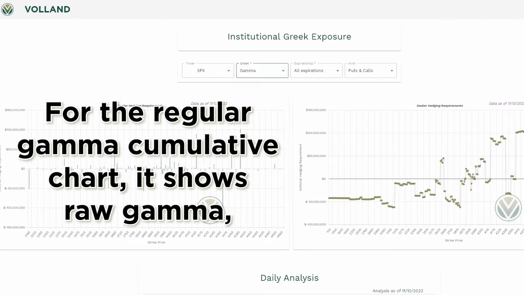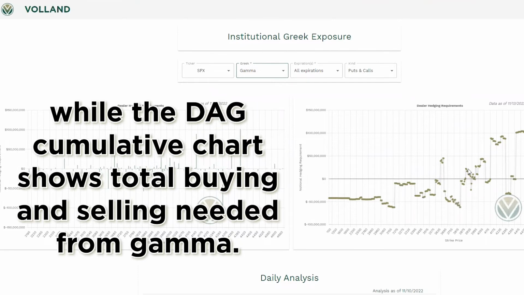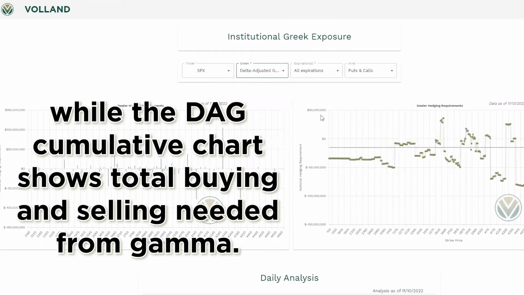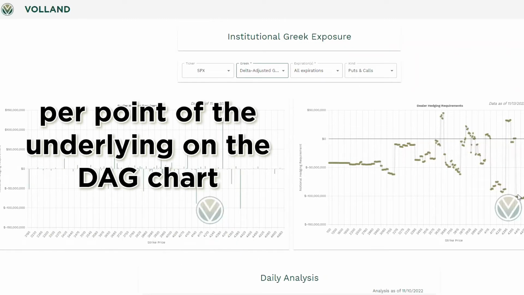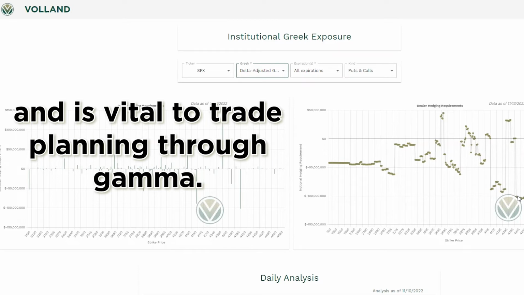For the regular gamma cumulative chart, it shows raw gamma, while the DAG cumulative chart shows total buying and selling needed from gamma. A decent approximation is that this is the amount of deltas that need to be hedged per point of the underlying on the DAG chart, and is vital to trade planning through gamma.